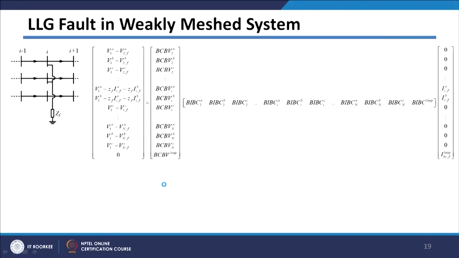In case of post fault voltages for LLG fault in weakly meshed system, the expressions will be the same.